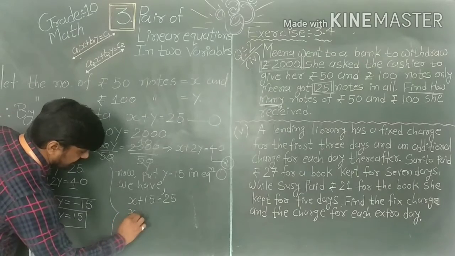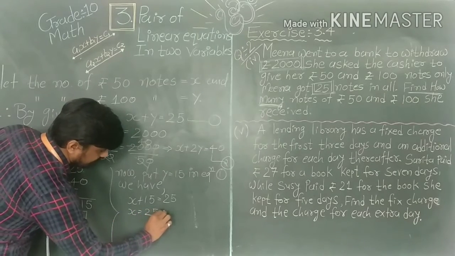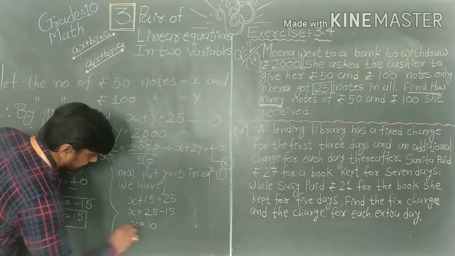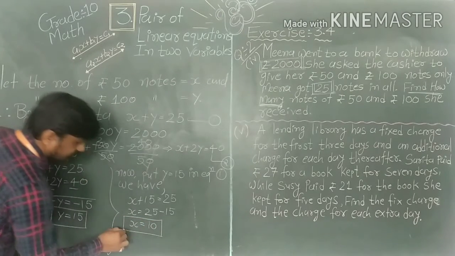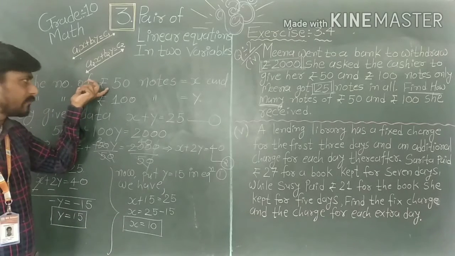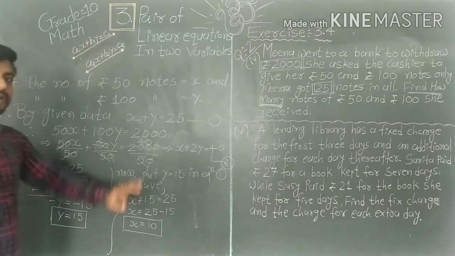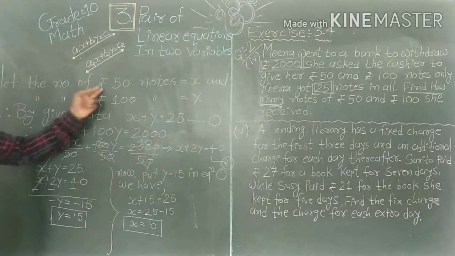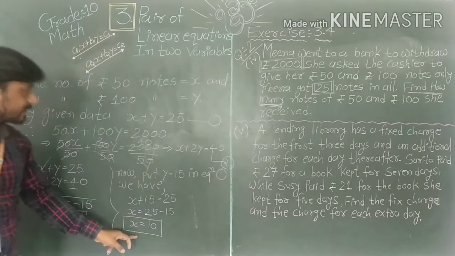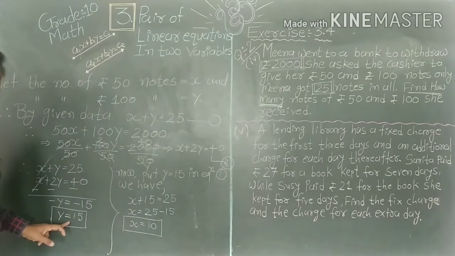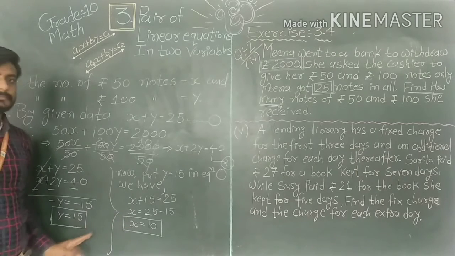That means x is equal to 25 minus 15, so x is equal to 10. What is x? We consider x as the number of notes of rupees 50. At last we have to compulsorily write: therefore, the number of rupees 50 notes is equal to 10, and the number of rupees 100 notes is equal to 15. This is our final answer.